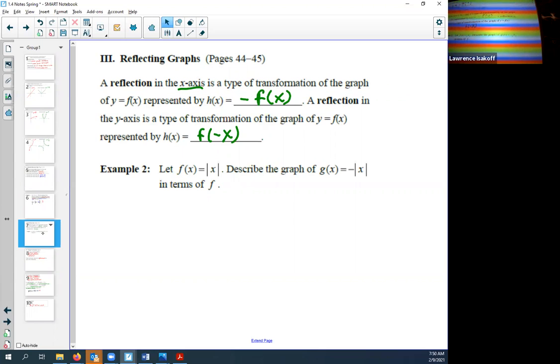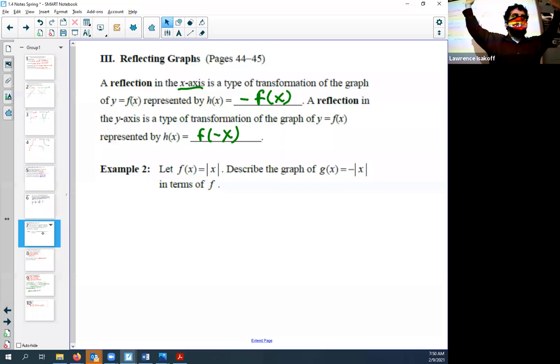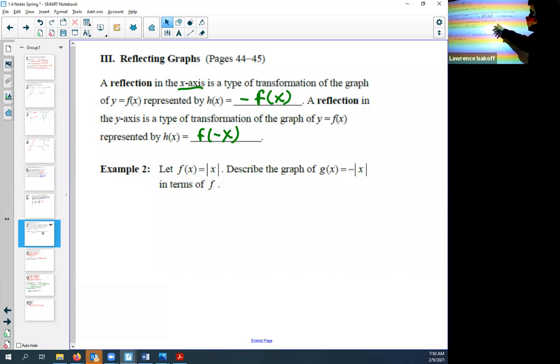If I want to flip over the x-axis, I put a negative in front. That flips it over the x-axis. So if I'm going up like this, if I want to go down, just put a negative in front.